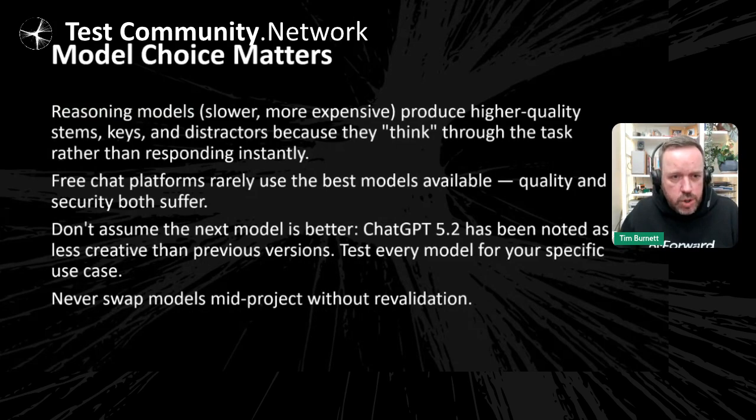Okay, model choice. So reasoning models, this is where AI thinks a little bit more about its process. It is slower, it is more expensive, and it does use more tokens. Among the free models available to download, the reasoning ones tend to be a little bigger. If you're running one locally, it is effectively thinking its way through something, and I think it's worth going for that level if you want it.